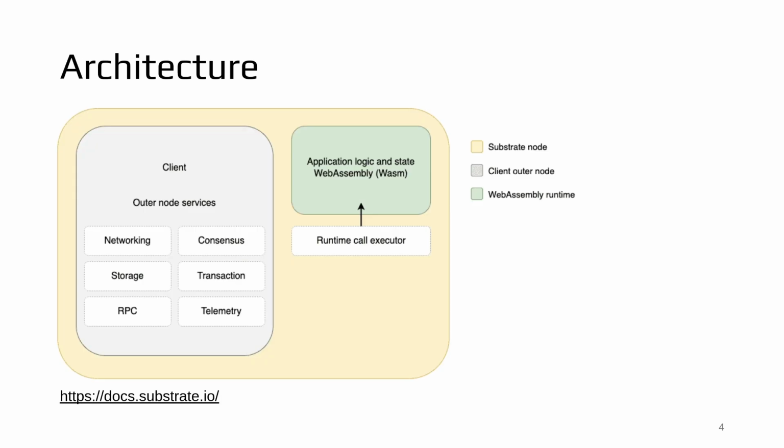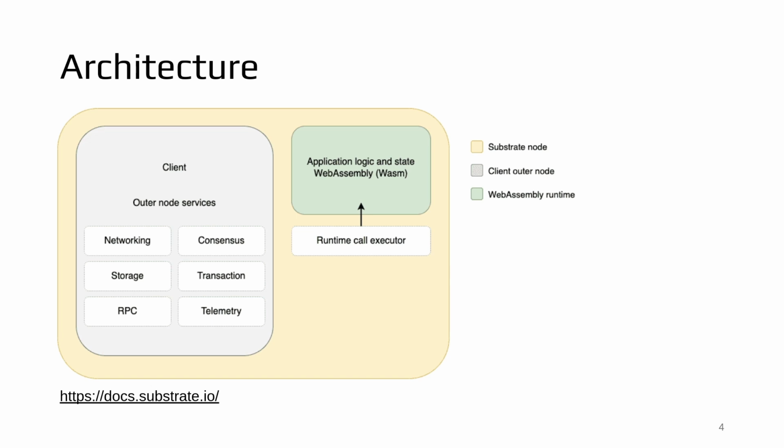So the architecture of Substrate, at a glance, looks simple, right? You have the whole Substrate node, which is comprised of two main components. The one component is just called the outer node, and the other is the runtime.